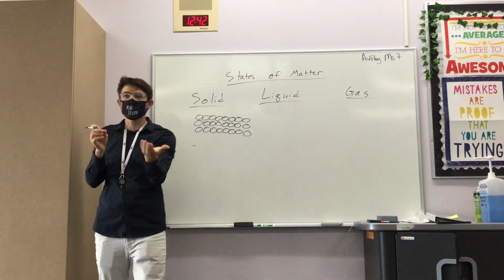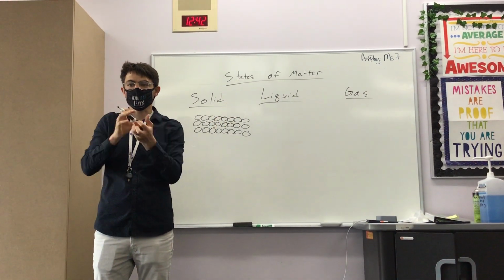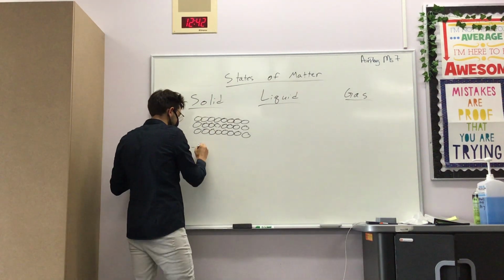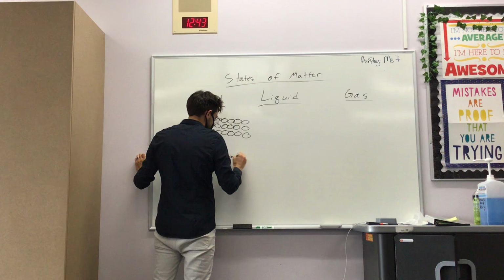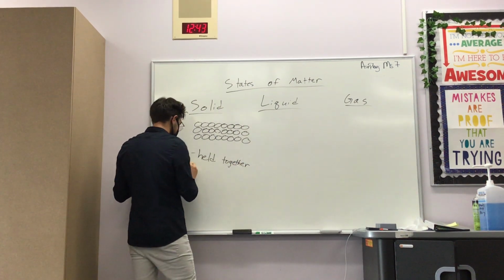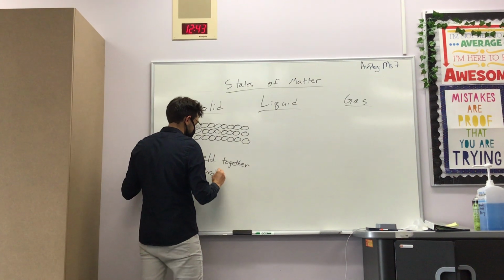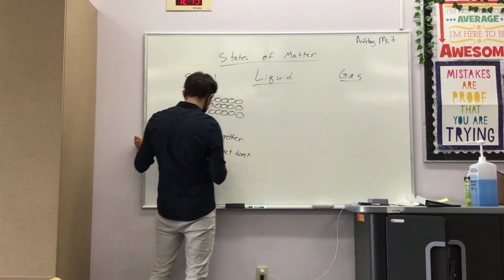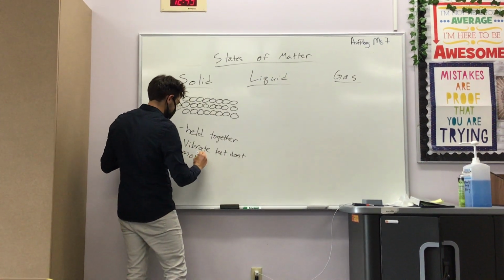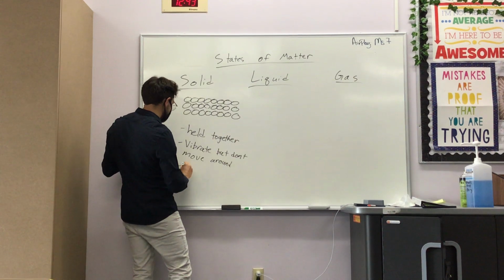Like when you hold a solid, it doesn't just explode and go into a million pieces. You know what I mean? It all stays attracted together, so it's held together. They vibrate but don't move around. And it forms a repeating pattern, okay?